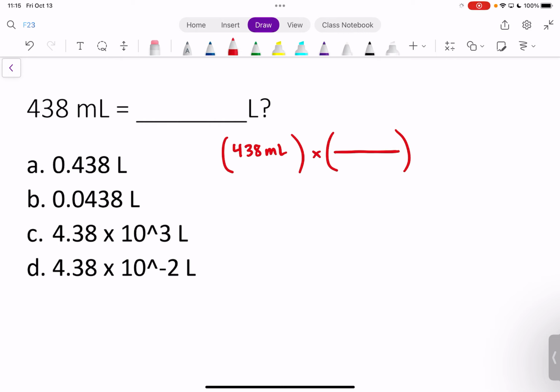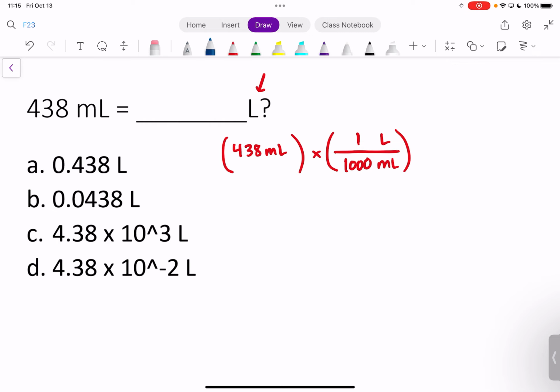So are liters bigger or milliliters? Liters are bigger. How many milliliters are in 1 liter? 1,000. Yeah, 1,000, or 10 to the third. Right? Same thing. All right, so now those milliliters are going to cancel out.